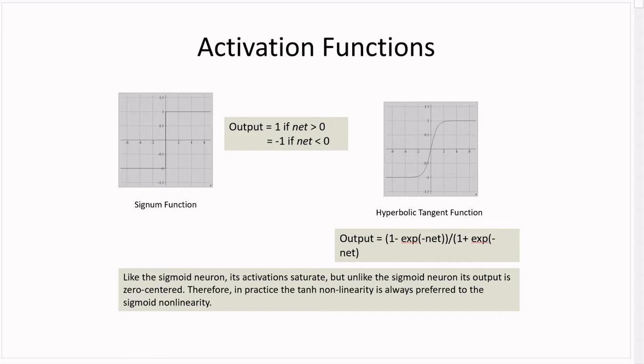Like the sigmoid neuron, the activation in the hyperbolic tangent function also saturates. However, unlike the sigmoid neuron, the output in this case is zero-centered, so it gives better performance compared to the sigmoidal nonlinearity when you have more layers.